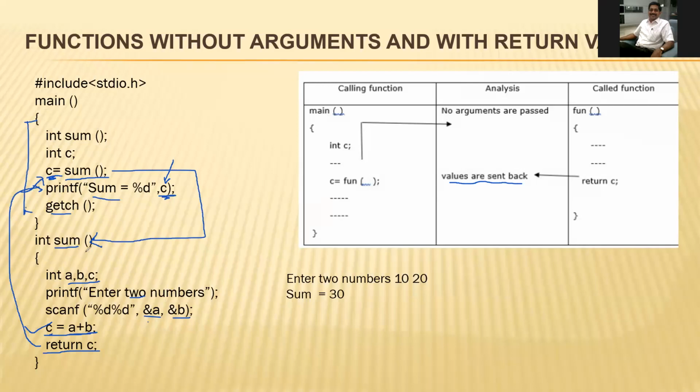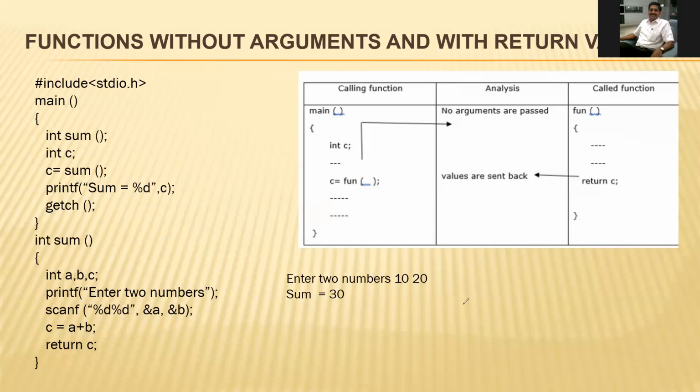The sum function takes the values from the user and calculates here, and we are returning the value of c towards the main function. So this is the second category.